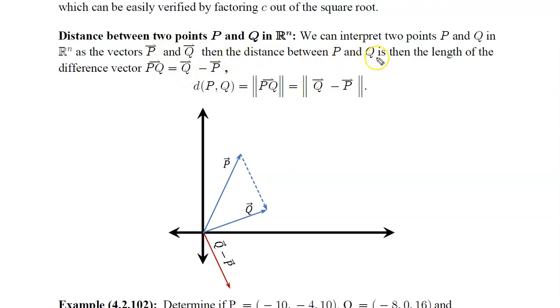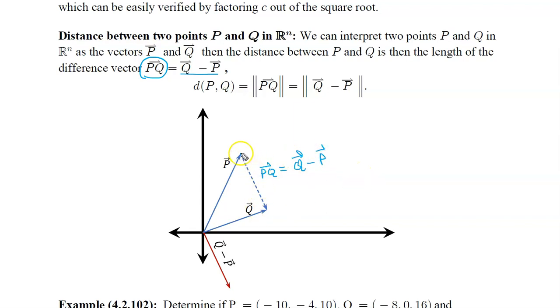Then the distance between P and Q is going to be the length of the difference vector Q minus P. And we write Q minus P. Notice how we write it here as PQ. We think of this vector as having its base at the tip of P and then pointing towards the tip of Q. So that's what this dotted vector right here would be. So this would be the vector PQ, which is Q minus P actually. Have to be careful with your ordering.